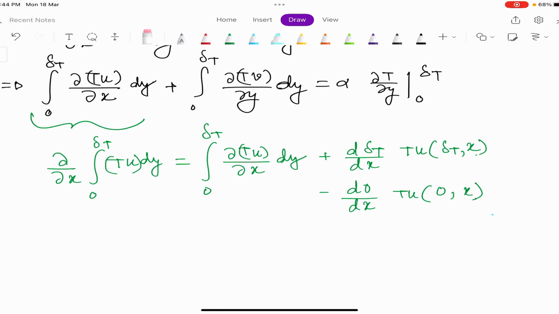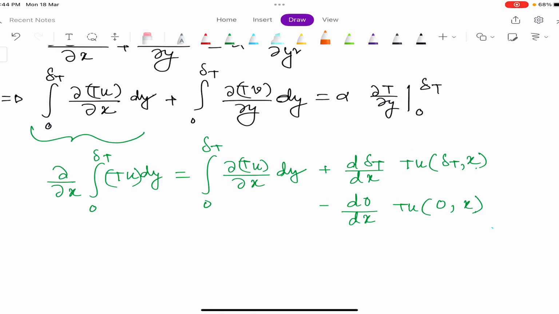If I apply it here, this directly becomes 0. And this is dδt/dx times T into u at delta t.